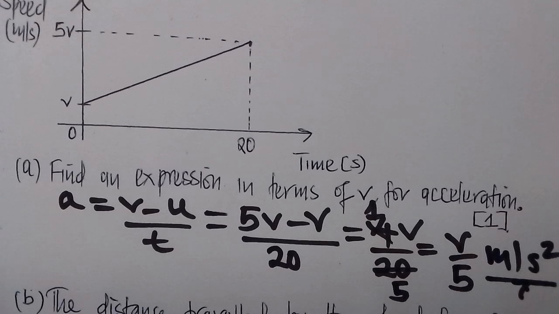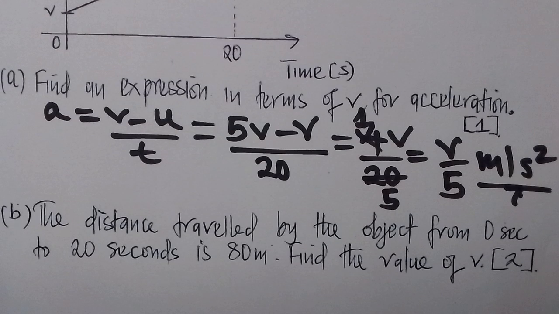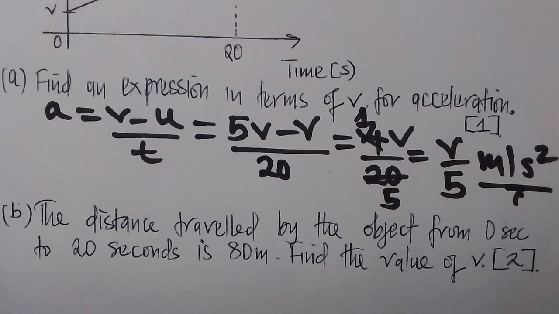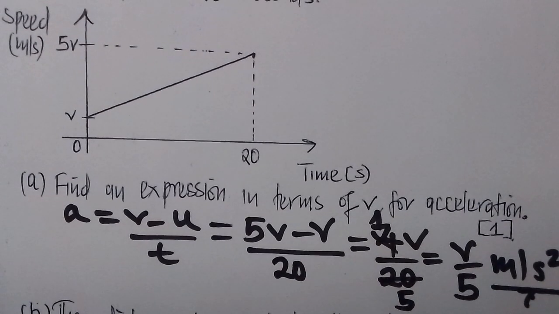Okay, moving on. B, the distance traveled by the object from 0 seconds to 20 seconds is 80 meters. Find the value of v. So this shape we have here is a trapezium, and we know the area of a trapezium is equal to 1 over 2 open bracket a plus b close bracket h. So why are we saying so?